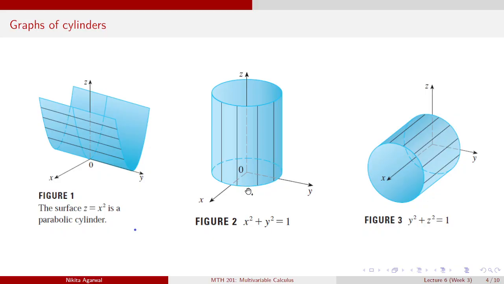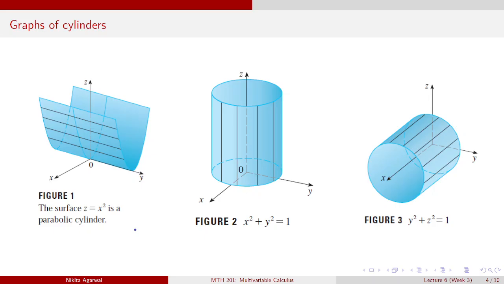Then you extend this picture in the positive and negative direction of the missing variable, z. In this picture the negative direction is not drawn, but this is an infinite cylinder whose axis is z. This is the standard feature: you look at the missing variable, and that is the axis about which you have the cylinder.